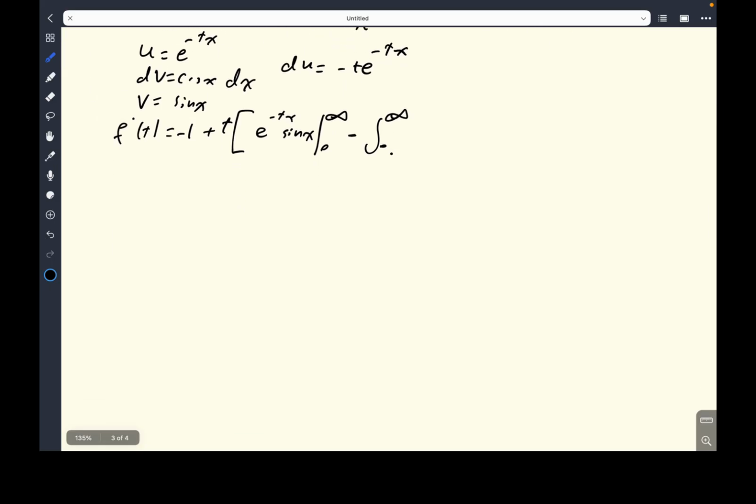So v is sine x and du is negative t e to the negative tx dx.